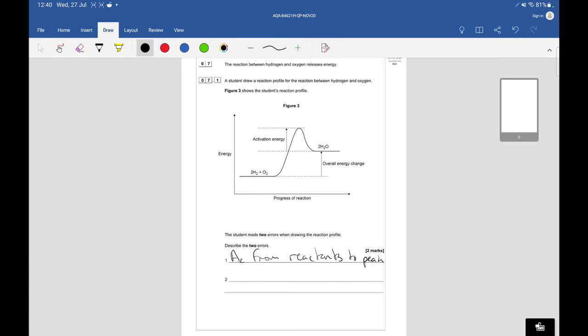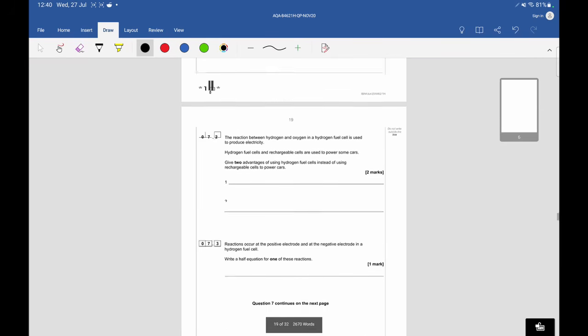And the other error is that because this is a reaction between hydrogen and oxygen, which is exothermic, in an exothermic reaction the products should be lower than the reactants, because we know things reacting with oxygen tend to be combustion reactions when they're non-metals.